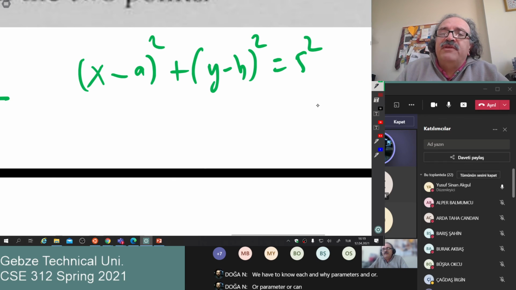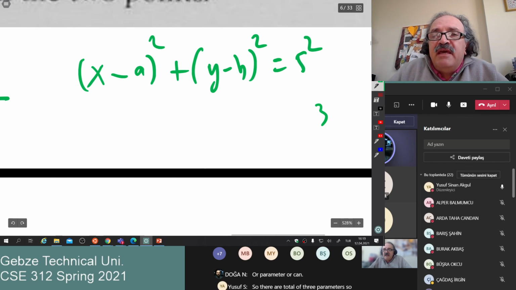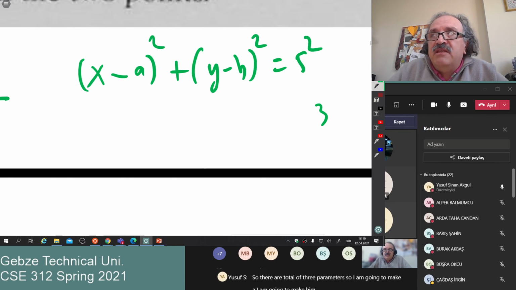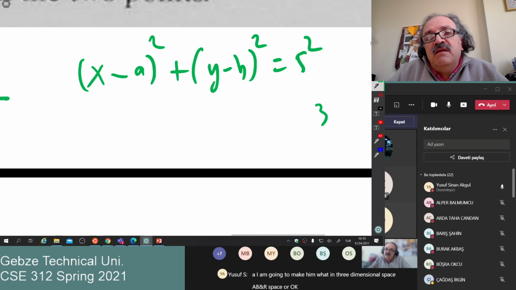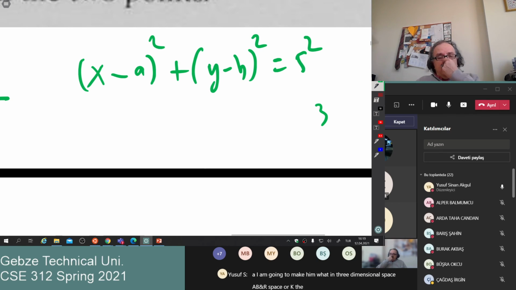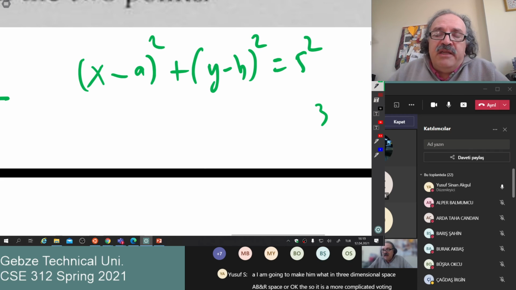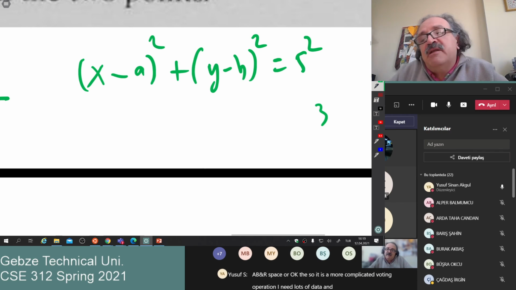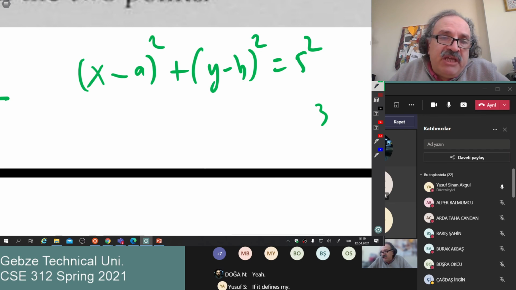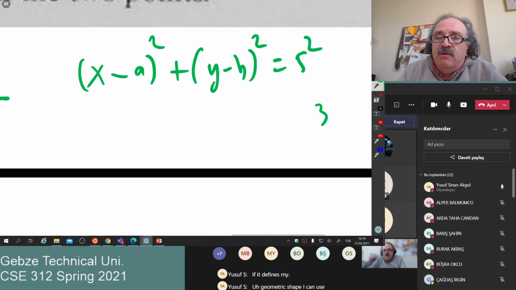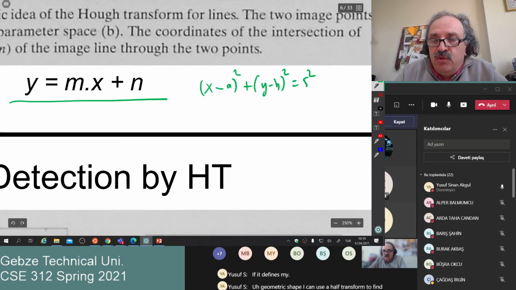So there are a total of 3 parameters. So I am going to make a vote in a 3-dimensional space, A, B, and R space. Okay, so it is a more complicated voting operation. I need lots of data and lots of memory, etc. But again, I can do that. So for any closed form formula that defines my geometric shape, I can use the Hough transform to find those.